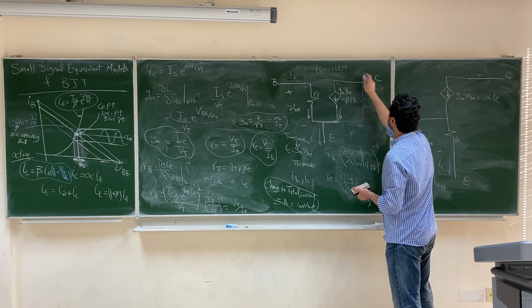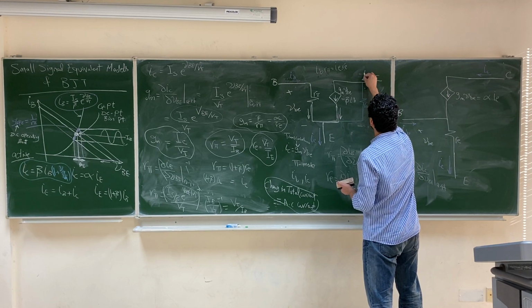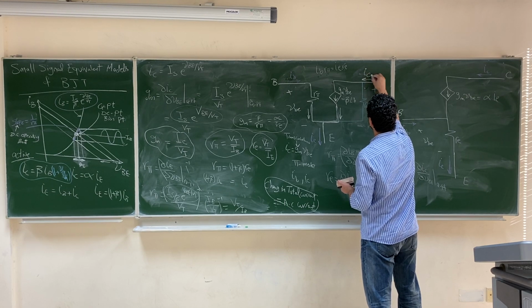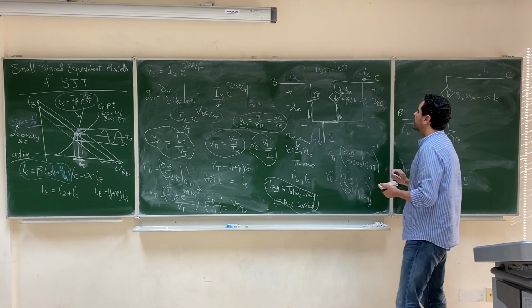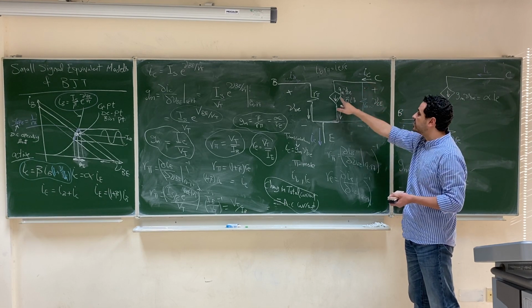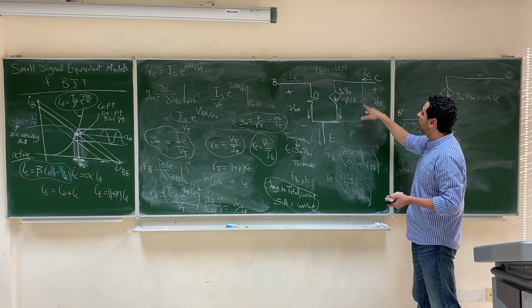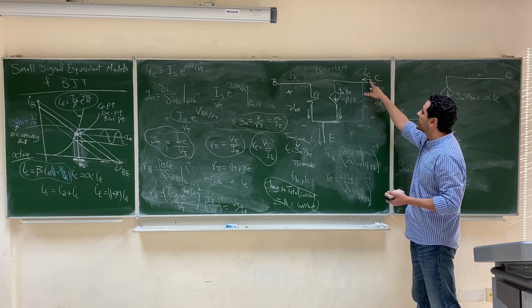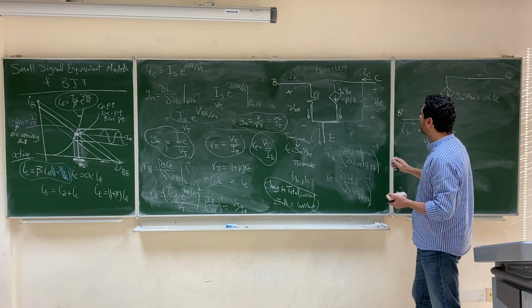This resistor will model the relation between the current IC. Of course, the current IC will be the total current here, okay? And this is the total VCE, okay? So the current here will consist of two components. One of them is dependent on VBE, and the other one will model the dependence of IC on the voltage VCE, okay?